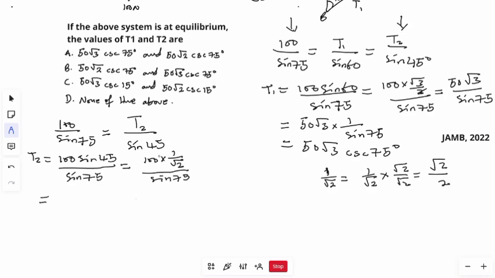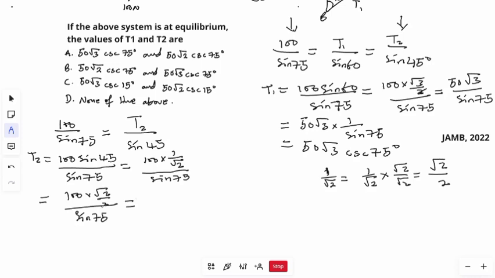So you end up having 100 times square root of 2 over 2, then divided by sine 75.